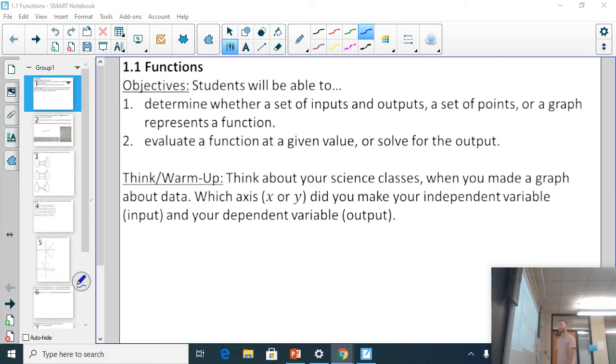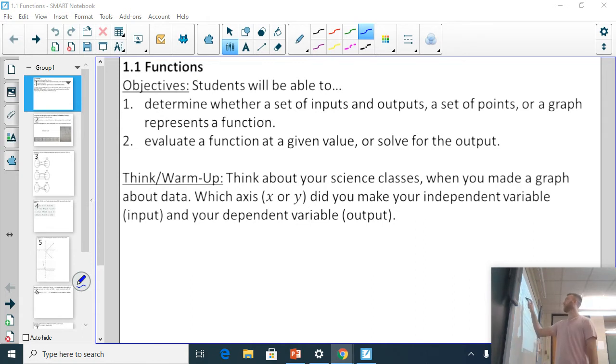So my think/follow is: think about your science classes. When you made a graph about data, which axis, X or Y, did you make your independent variable, which is your input, and your dependent variable, which is your output?